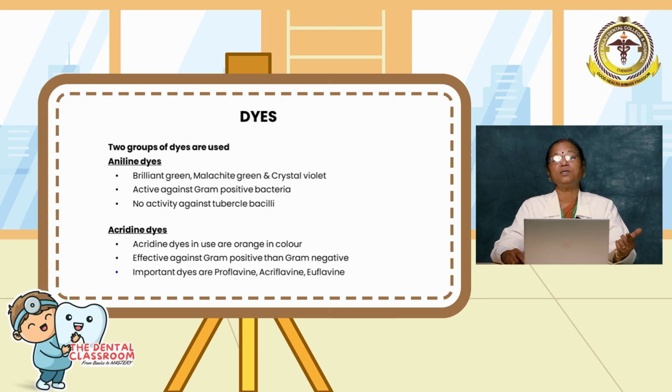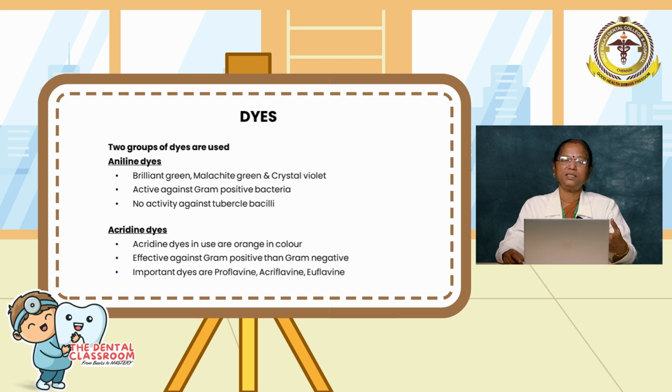Microbiology students might have studied this in culture media. This particular aniline dye is used in the preparation of a selective medium for Mycobacterium tuberculosis, that is LJ medium, Lowenstein-Jensen medium. We add malachite green into this medium. The medium itself is colored green, and it prevents the growth of any normal flora that the patient's sputum may contain.